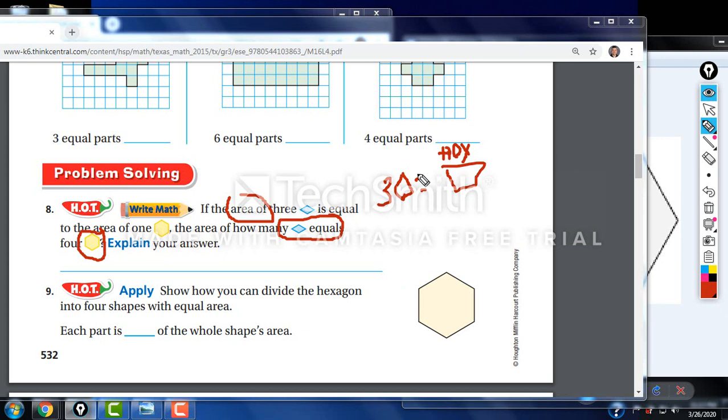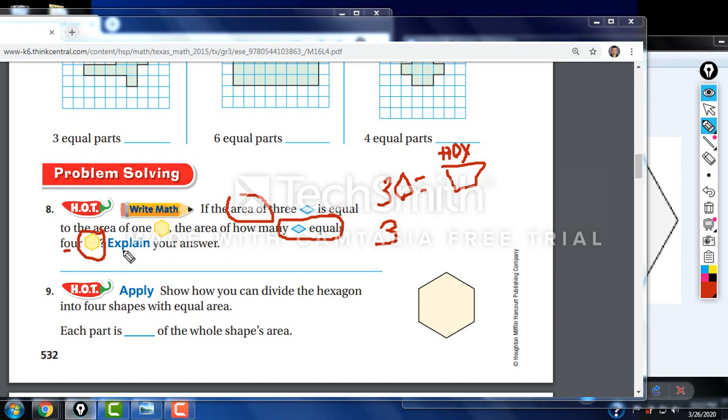Well, I have to figure out how much the area is for this hexagon here. So I know I need 3 rhombus to make the area equal to 1. So I have 3 rhombus, and I know the area is equal to the area of 1, so 3.